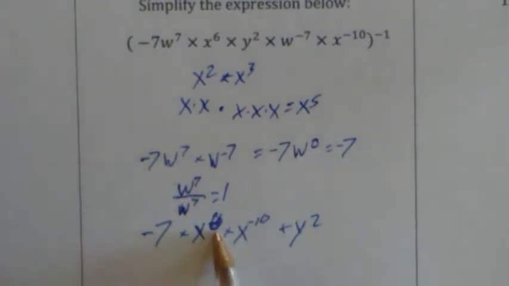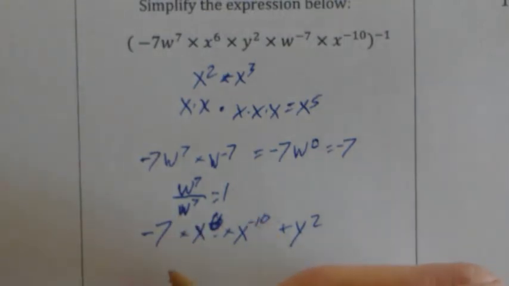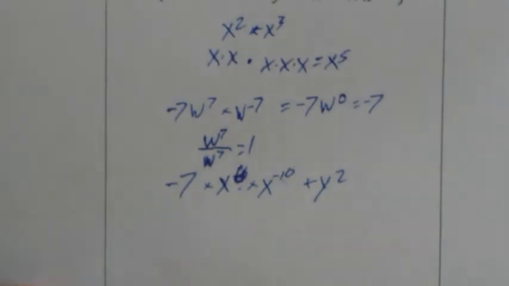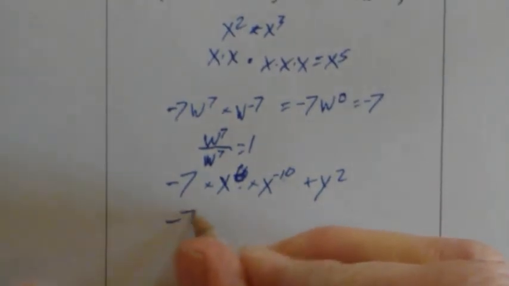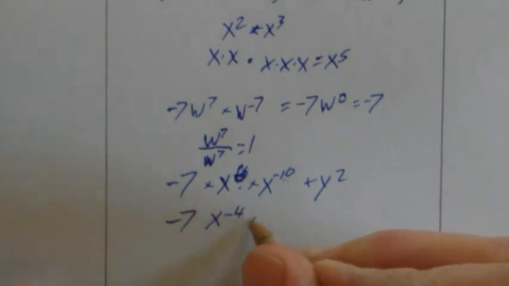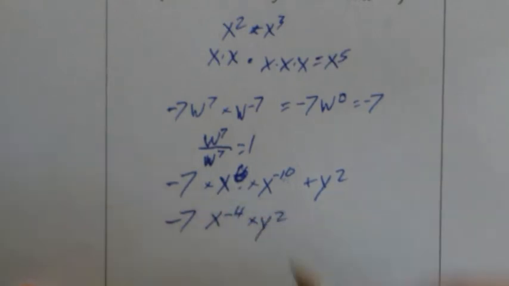So you got 6 and negative 10. What's our rule? We add the exponents. 6 plus negative 10 is the same as 6 minus 10. 10 minus 6 is 4, so 6 minus 10 is negative 4. So this becomes negative 7 x to the negative 4th times y squared.